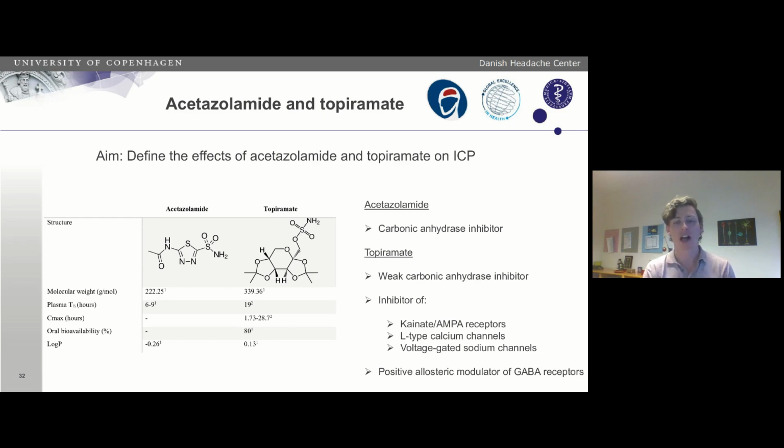And in the context of IH, where we know weight loss can be disease modifying, and that these drugs have quite a broad side effect profile, it's important to ask whether these drugs have the effects that we believe they have. And if not, there are much nicer ways to induce weight loss.